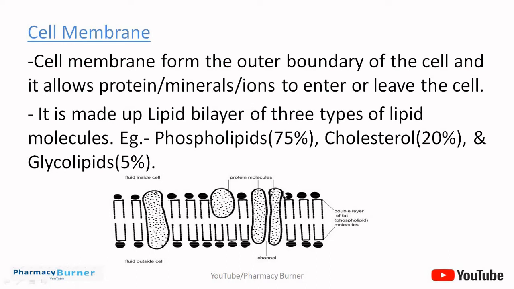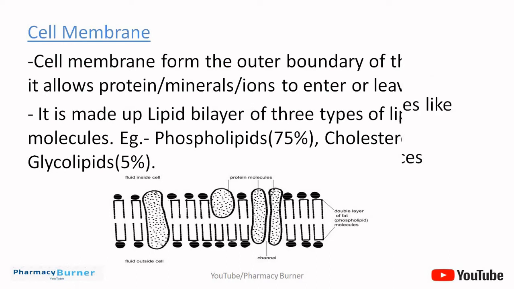You can see the structure of the membrane. It has channels through which ions, minerals and proteins go inside or outside of the cell according to the need of the cell.